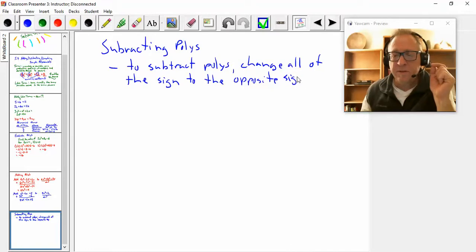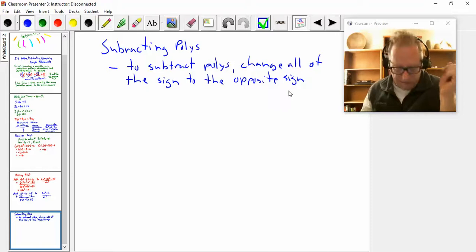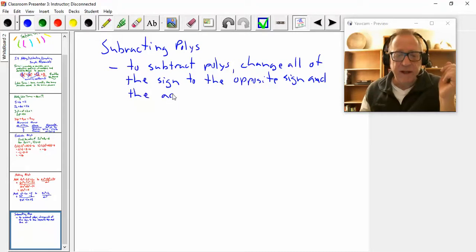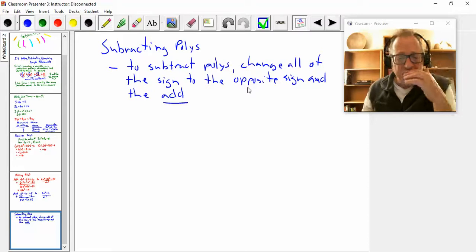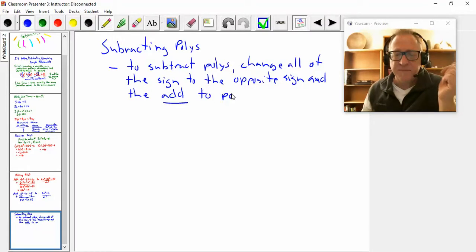Which means positive turns into negative, negative turns into positive. To the opposite sign. And then add, not subtract. Once we change all the signs, we're going to not subtract, we're going to add the polynomials.